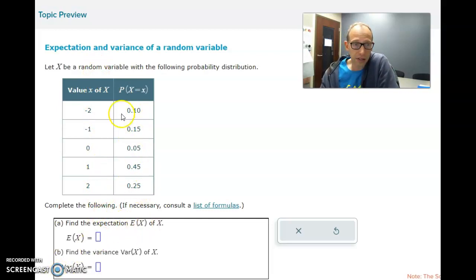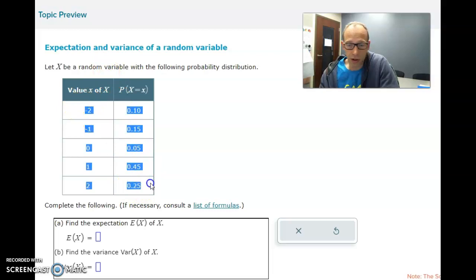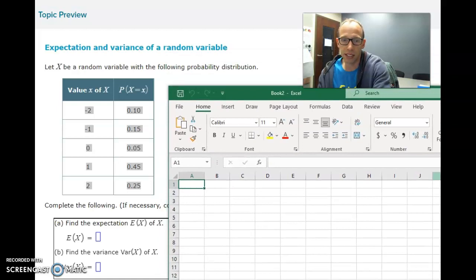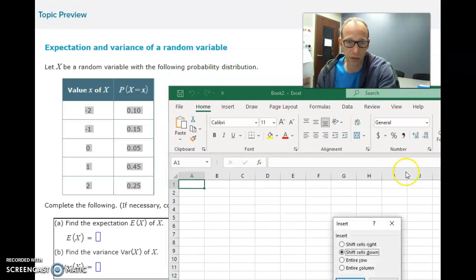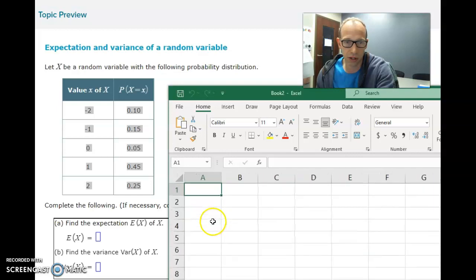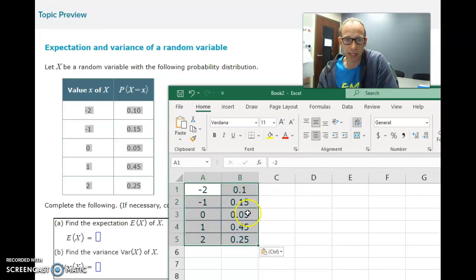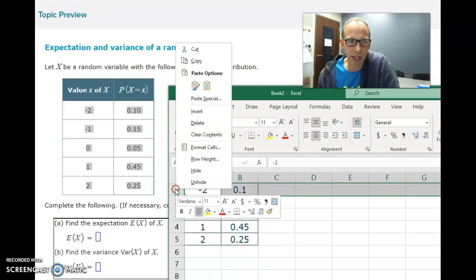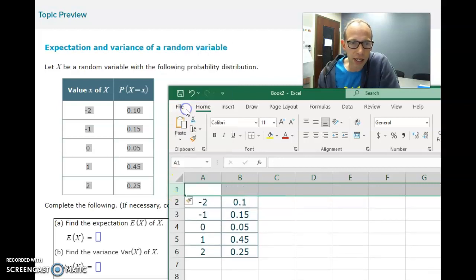So let's take a look here. I'm going to just grab all these numbers, open up Excel, make this just a little bigger, and then I'm going to paste those values. I just did a Control-C, Control-V on a Mac. I think that's a Command-C, Command-V. And I'm going to insert it.